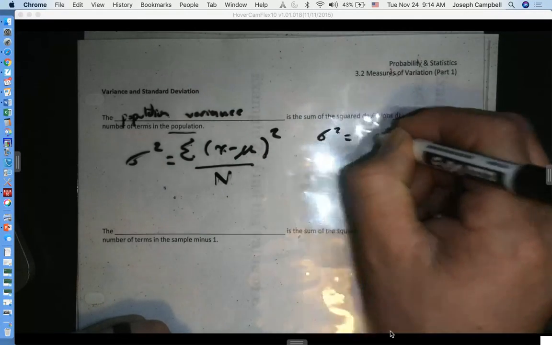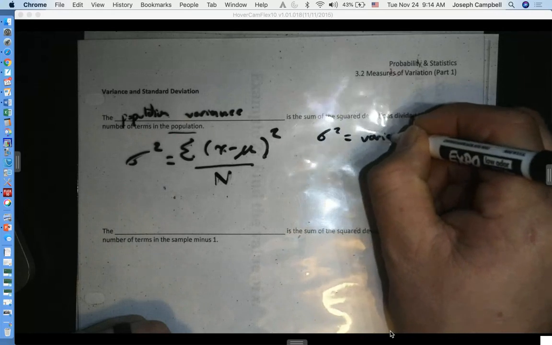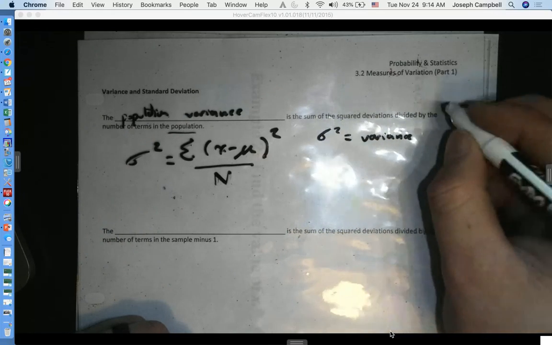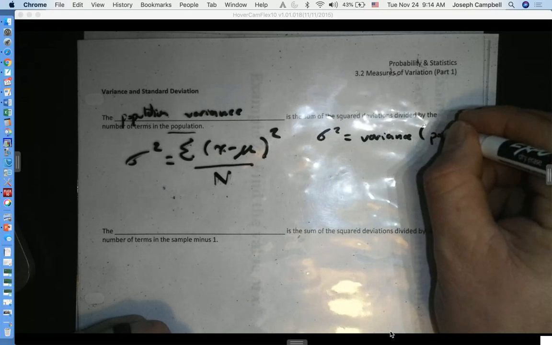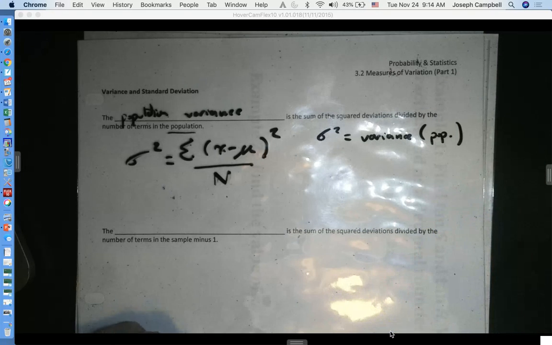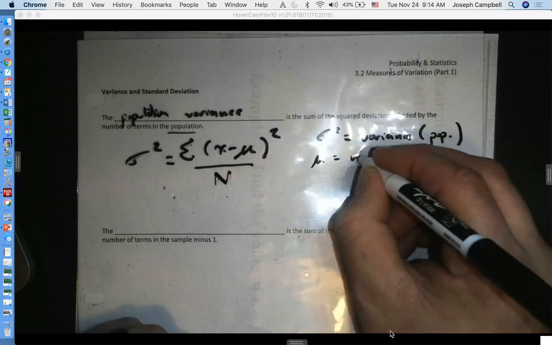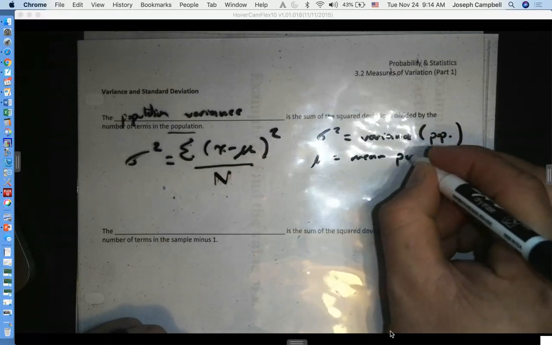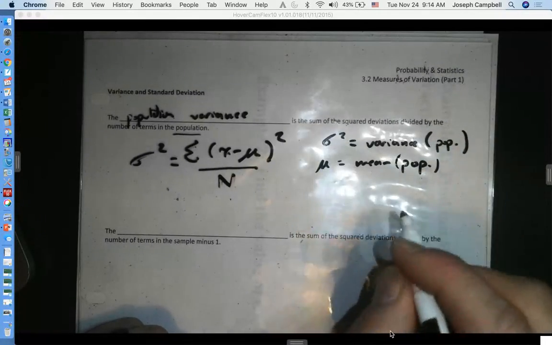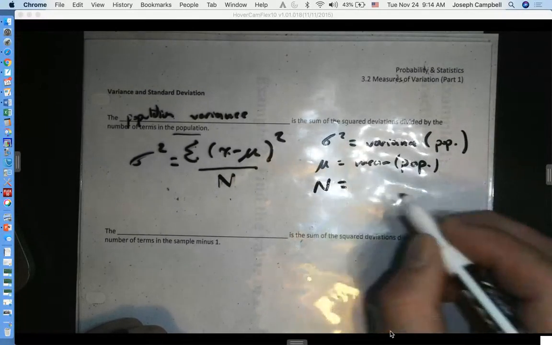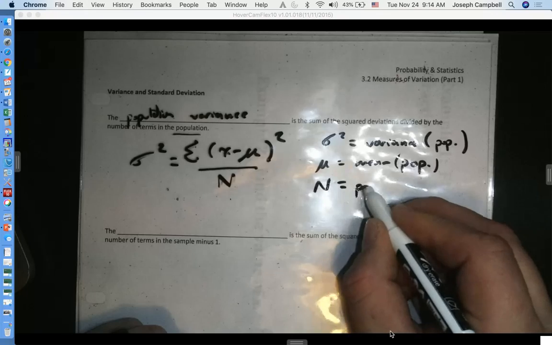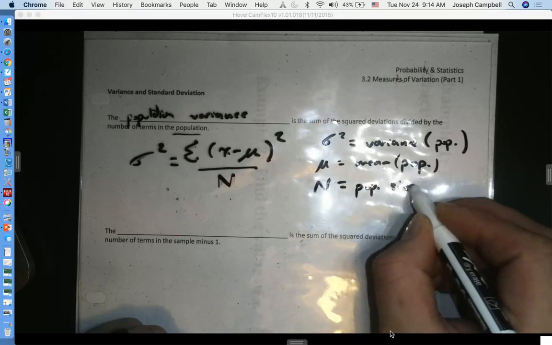This is equal to the variance, and this is, of course, for population. We already know that mu is equal to the mean of the population, and we know that capital N is the population size.